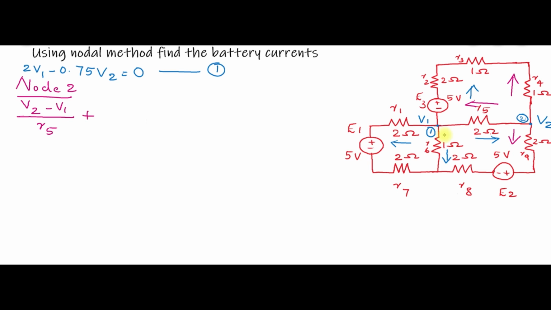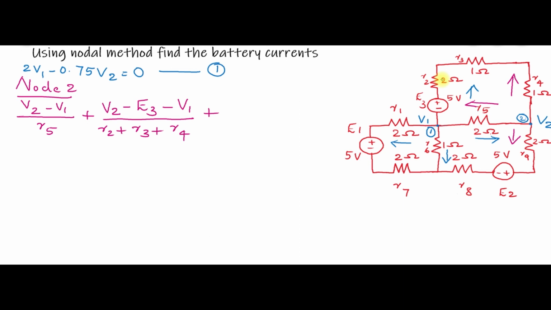Now consider this one. V2, here E3 is minus because it is flowing from positive to negative, so a fall in potential occurs. So V2 minus E3 minus V1 divided by R2 plus R3 plus R4.